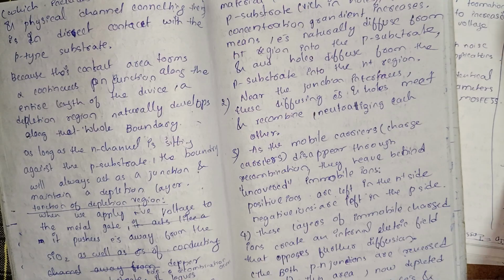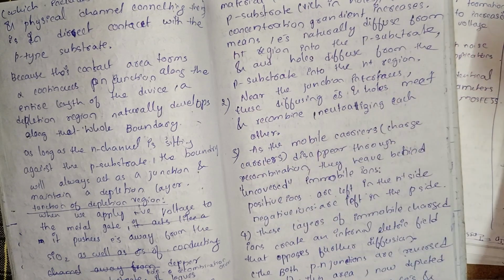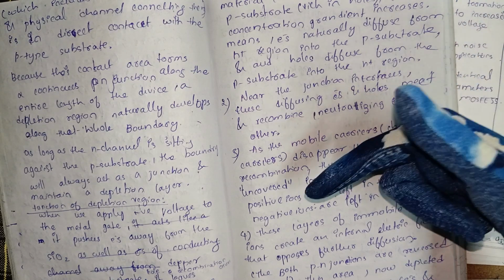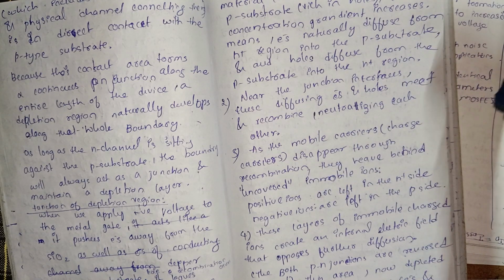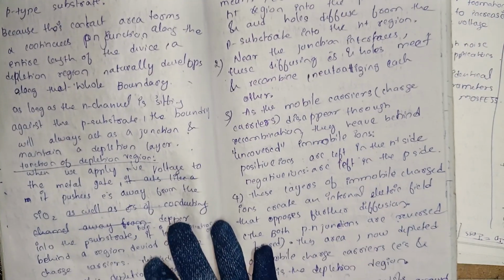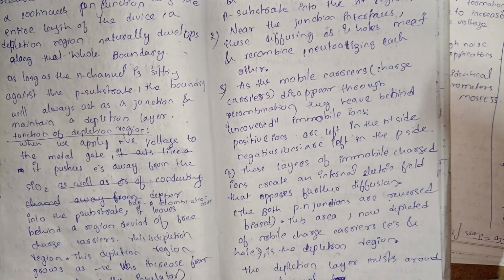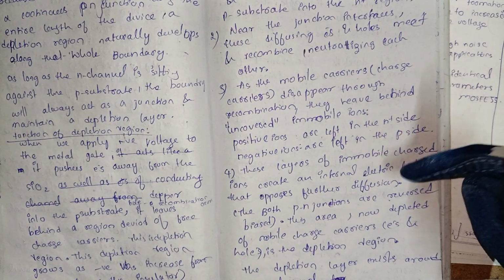Because positive donor ions are present in n-type material, and negative acceptor ions are present in p-type material. So that's why they are left in their respective sides. Okay, these layers of immobile charged ions create an internal electric field that opposes further diffusion.